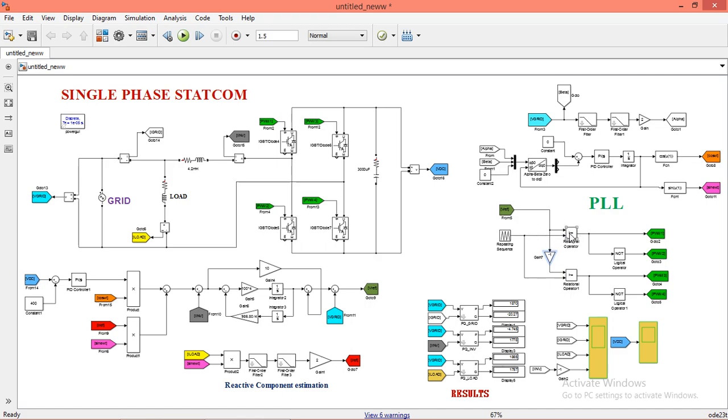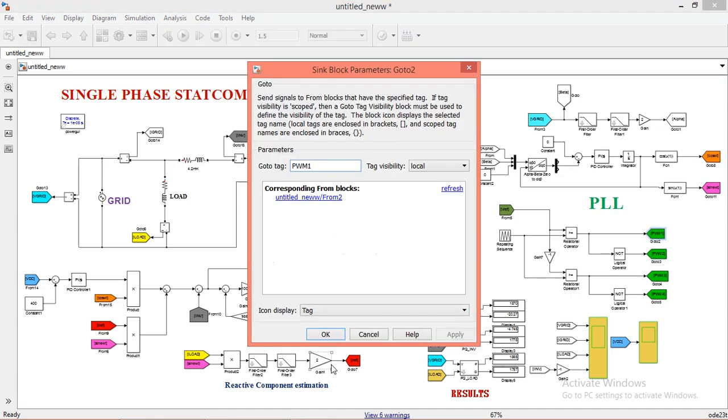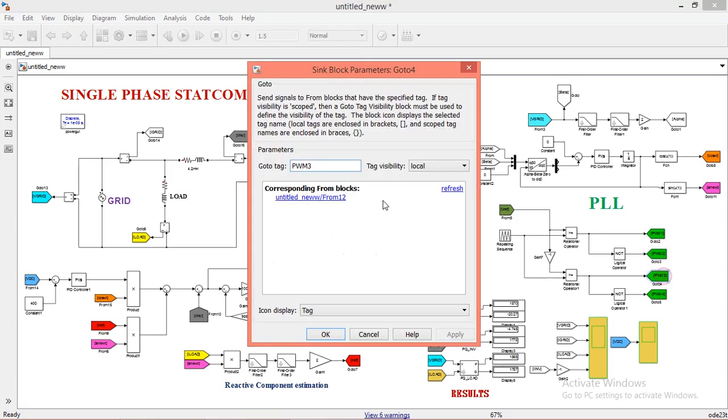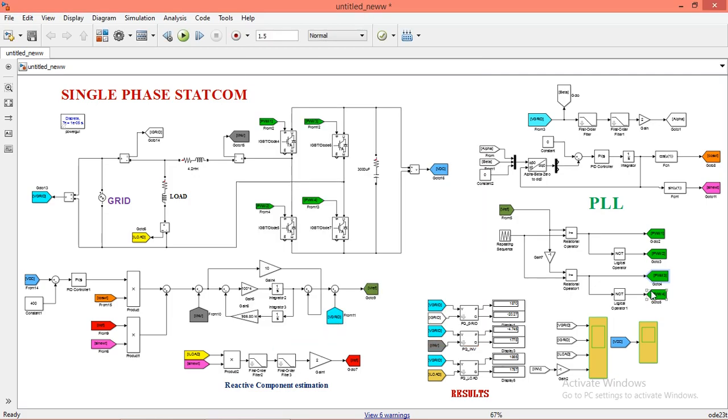So we compare the positive reference and the negative reference. One of the outputs is taken as PWM1 and the inverter of that is taken as PWM2. So this is PWM1, this is PWM2, and similarly the other two signals are taken as PWM3 and PWM4. These four signals are connected to these four IGBTs.